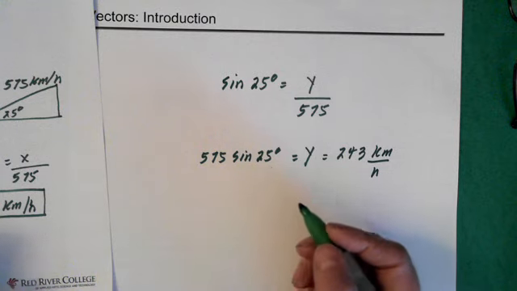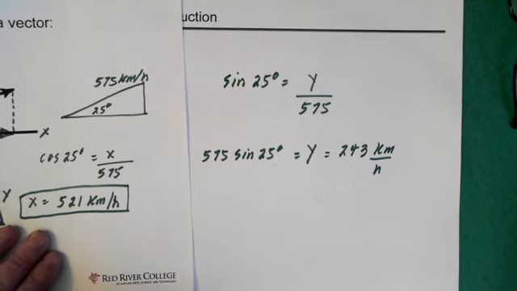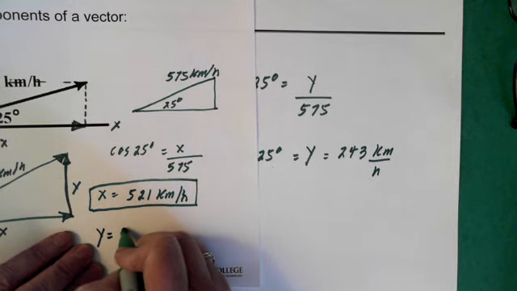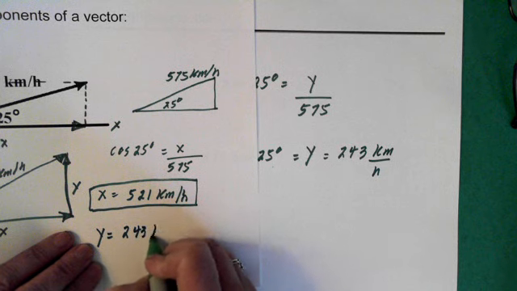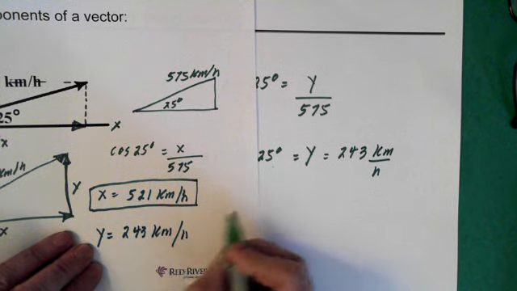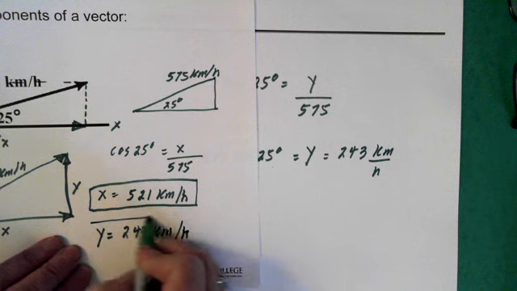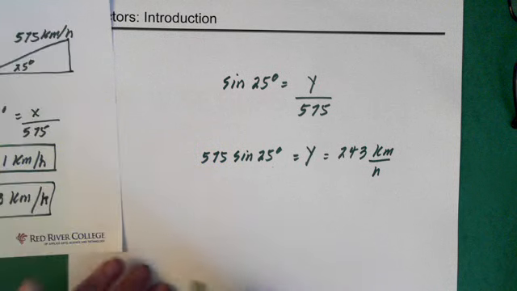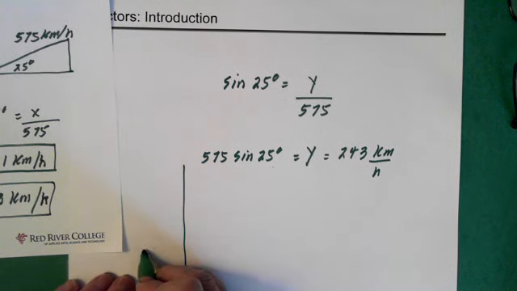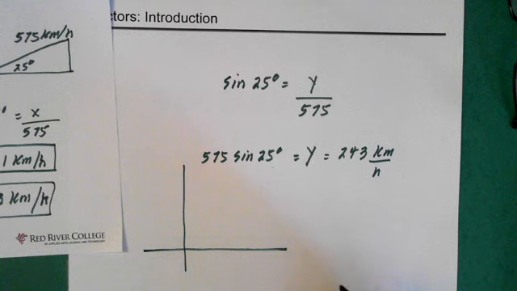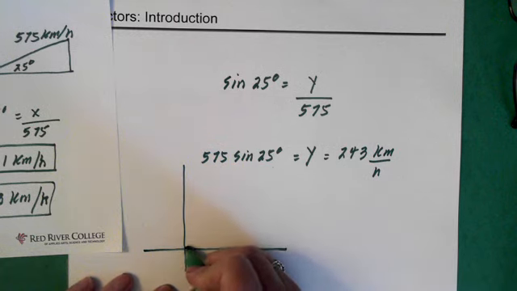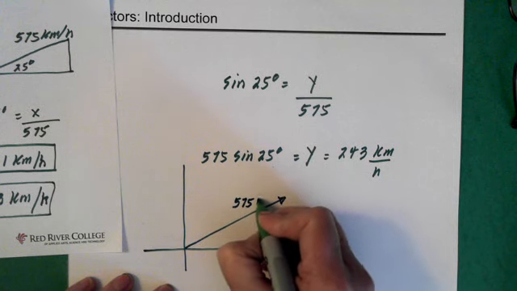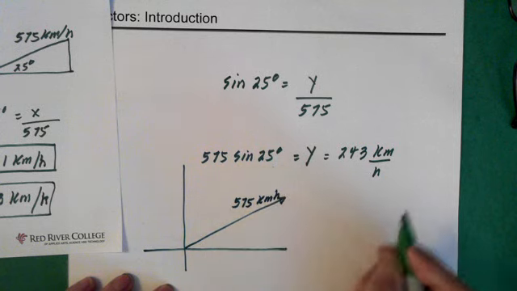So now we've solved for our x, and we've also solved for the y. The y equals 243 kilometers per hour. So then we have our x and y axis. We had our original vector, which looked like this, which was the 575 kilometers per hour.